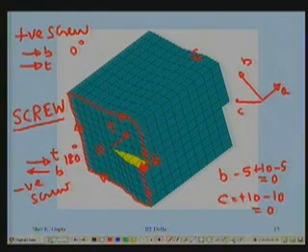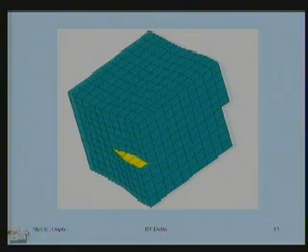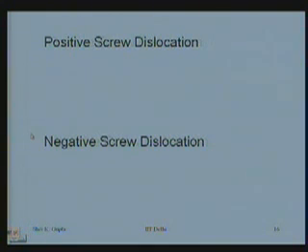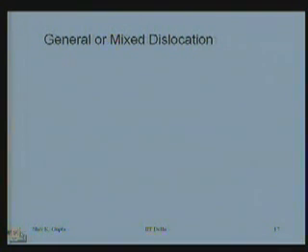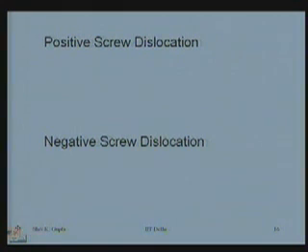Right, then the dislocations in the crystal, well, just to explain that, the symbol of course I have not explained. The symbol we use for positive screw is a dot and surrounding this a clockwise circuit.